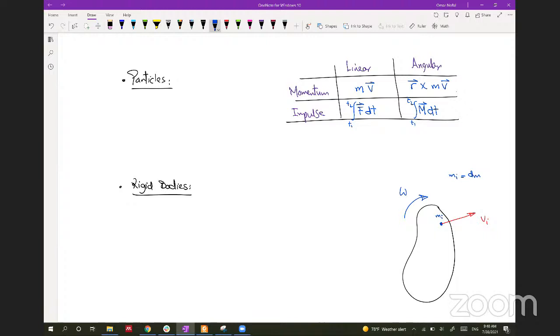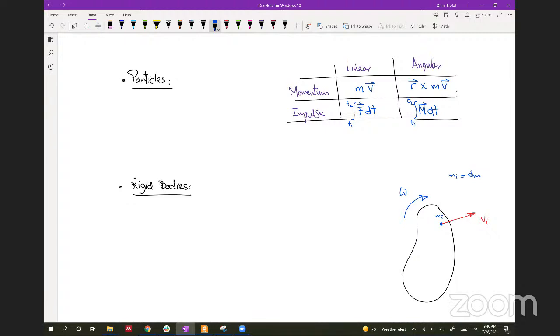And we need to get the linear momentum of this small mass mi and also the angular momentum. And when we talk about angular momentum, we need to define what the angular momentum is about, because we are taking the moment of the linear momentum of this mass about a certain axis.